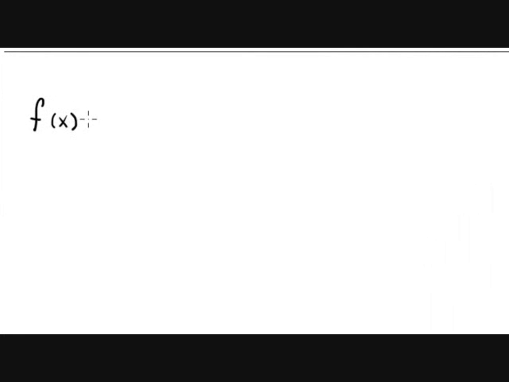The function f of x is equal to radical 25 minus x. Okay, so the condition is, when you have a radical, the restriction is that the expression inside must be non-negative.